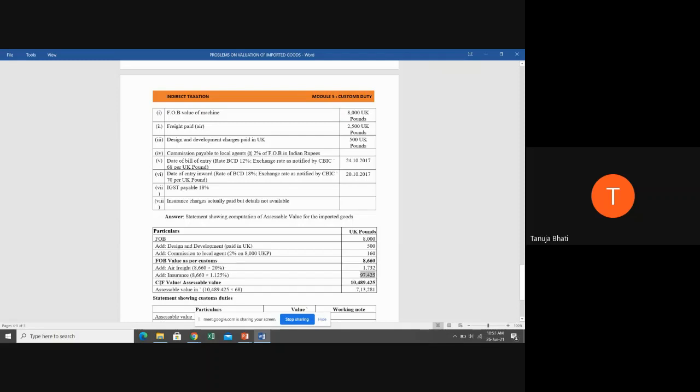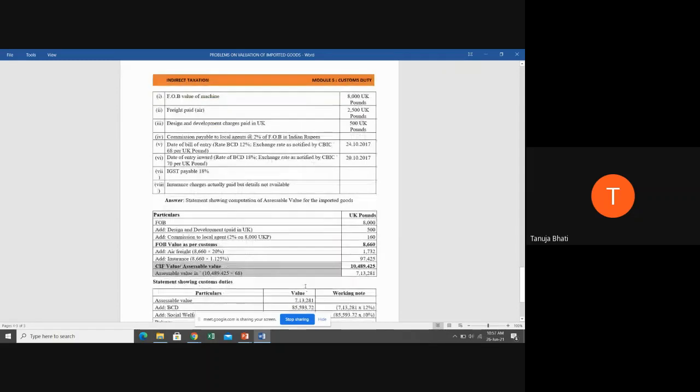So your total CIF value comes up to 10,489.425, which is in UK pounds. Therefore, we have to convert this assessable value into Indian rupees.